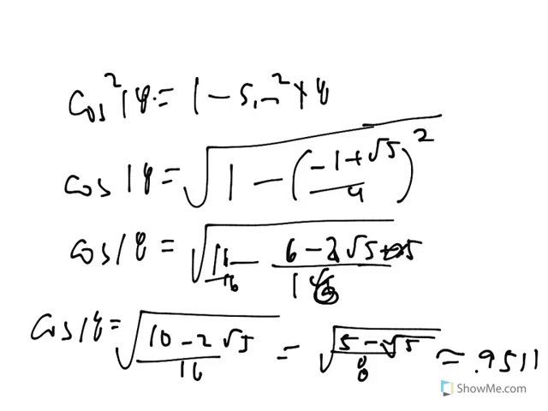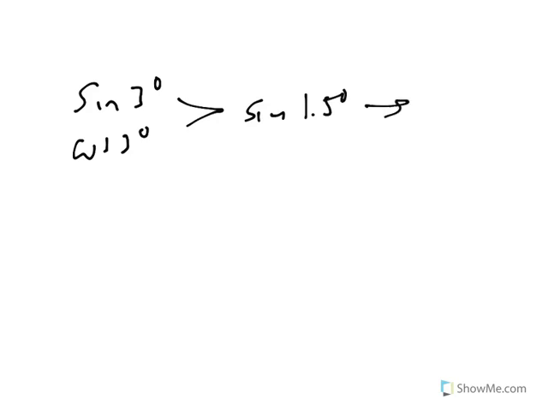Usually what they do, after they figure out what sine of 3 degrees is and what cosine of 3 degrees are, they use them to get sine of 1.5 degrees using the half angle formula. And then when they have that, they do the half angle formula again to get sine of 0.75 degrees.